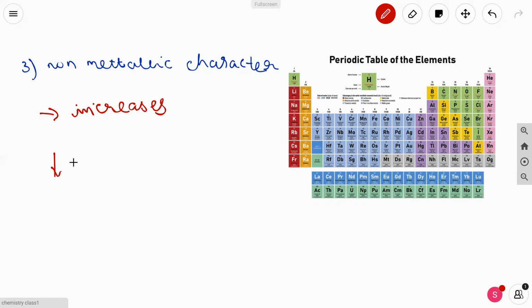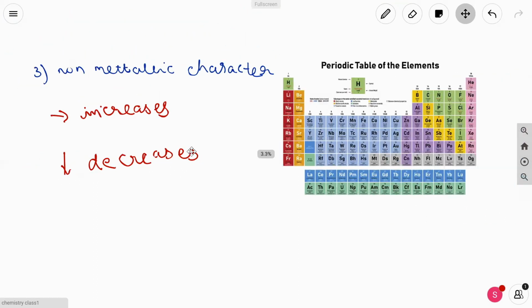The existing electrons are already held with less force. If you add more electrons, how can it hold them when the existing ones have less force? That is why it decreases. The electronic repulsion will overcome it, and non-metallic character decreases.